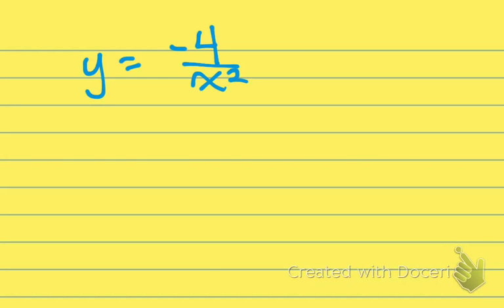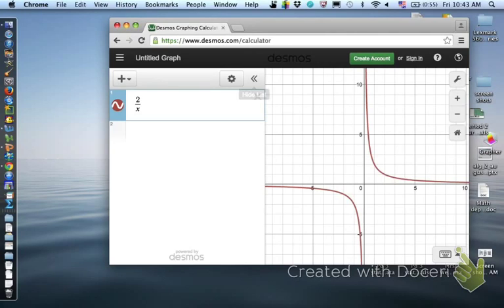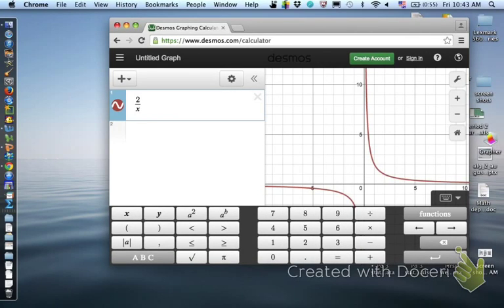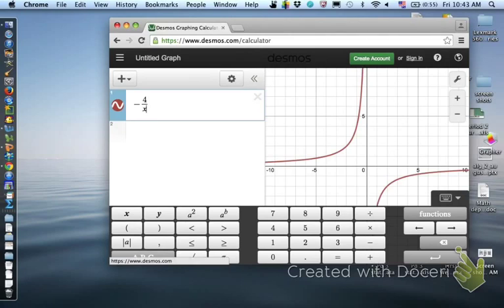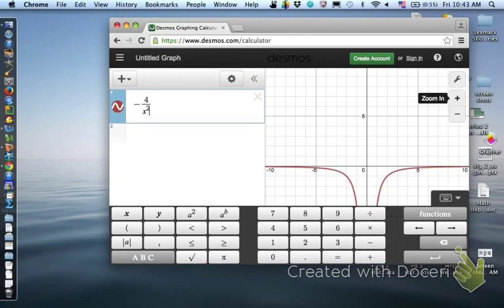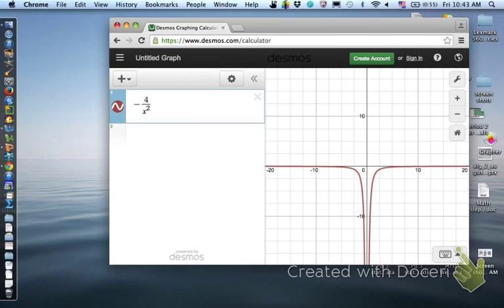Now think about what kind of function that is again. While the last one was a rational function or an inverse function, this one is an inverse square. So this one is negative 4 over x squared. Similar, but not the same.